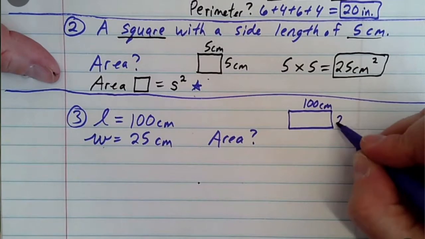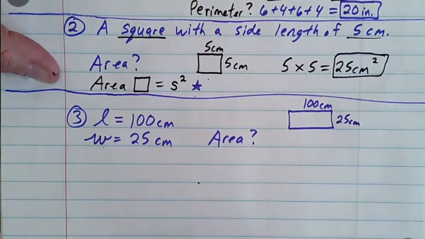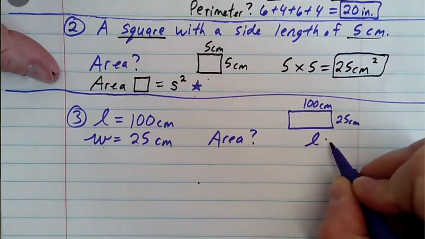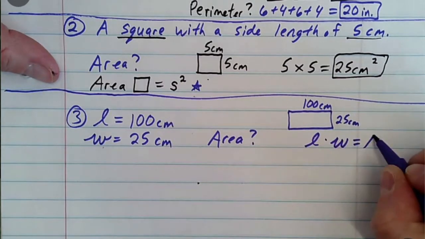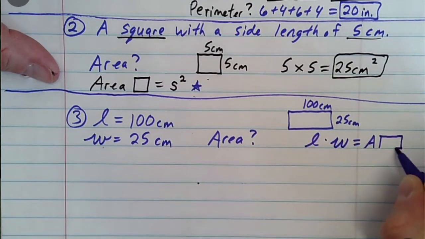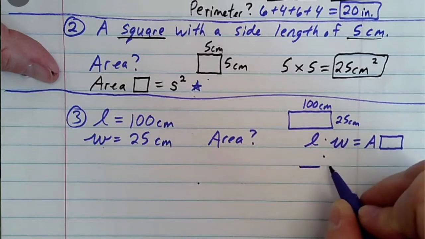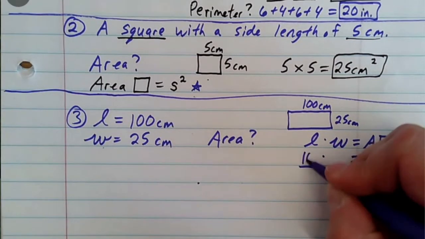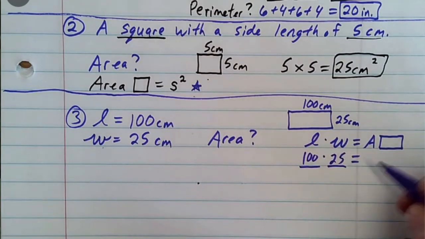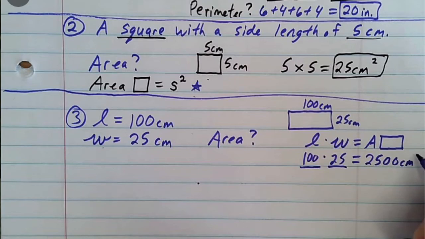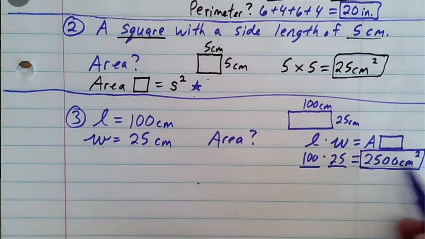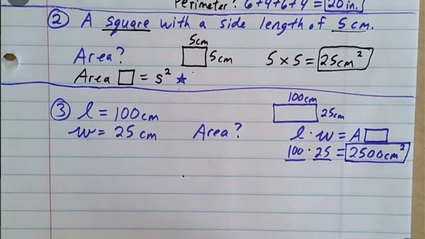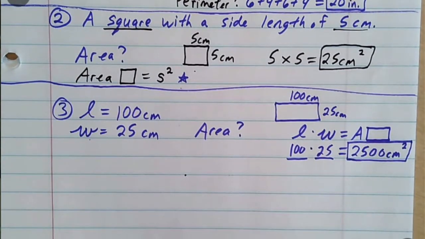My width is normally the shorter side. What do we know about a rectangle? Length times width gives us the area of a rectangle. So what do we fill in for our length and our width? Our length was 100. Our width was 25. Our area is 2,500. We're going to label it centimeters squared. How you label it matters because area is always labeled squared.